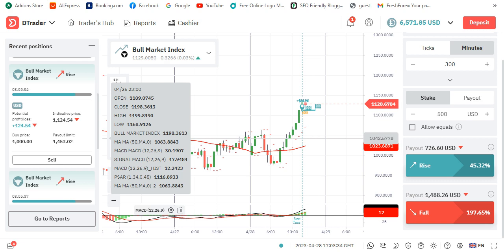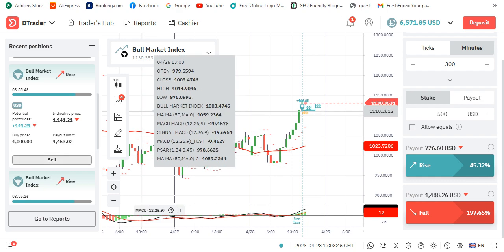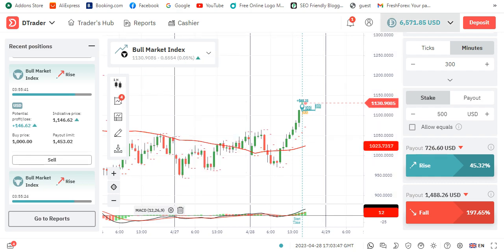If you have good money, start with good capital. But please know that the $1,000 here doesn't mean that I started trading with that. Remember I told you this is a demo. You practice with demo before you start using a real account. Don't forget that. Practice with demo before you use your real money.